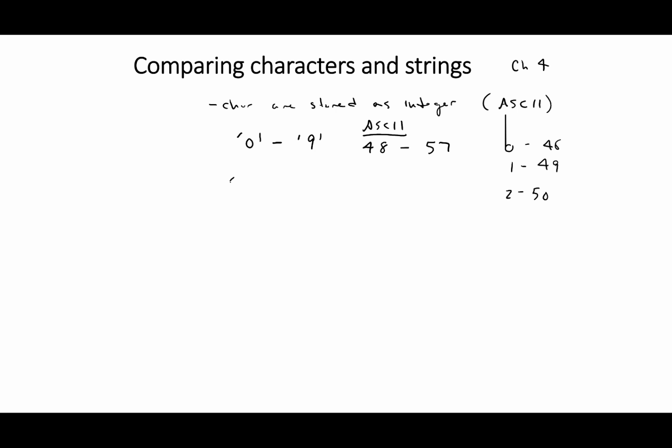Capital A through capital Z are stored as 65 through 90, and lowercase a through lowercase z are stored as 97 through 122.